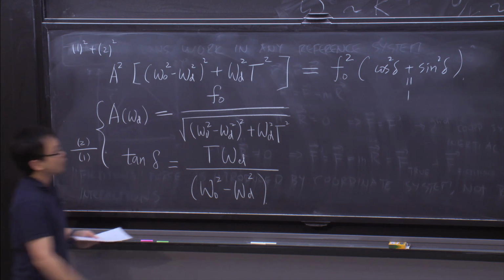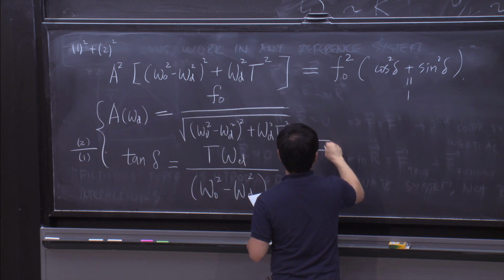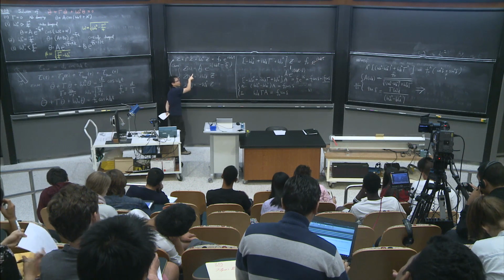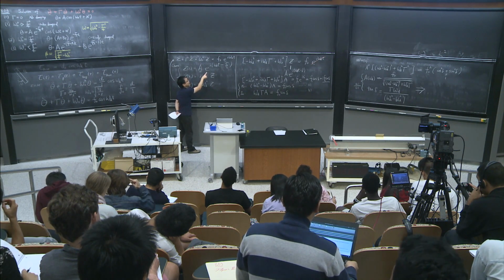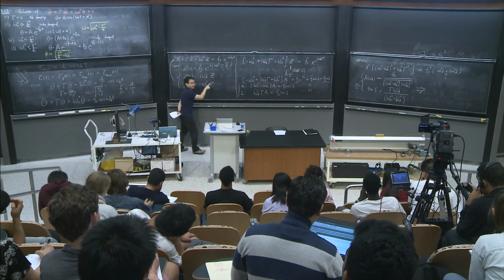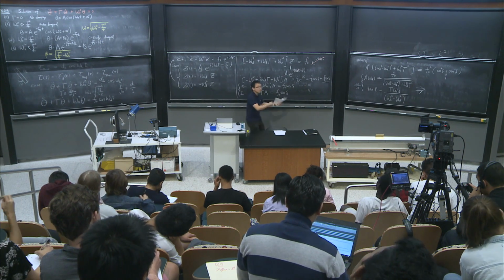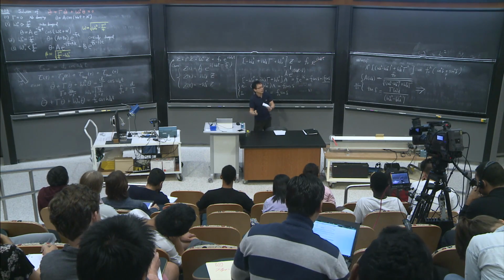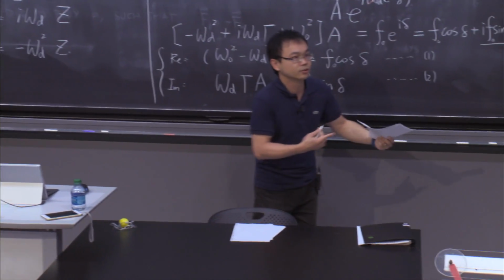So what does that mean? Originally, I assumed my solution to be A exponential i (omega d t minus delta). Therefore, I would like to go back to the real world, which is actually theta.